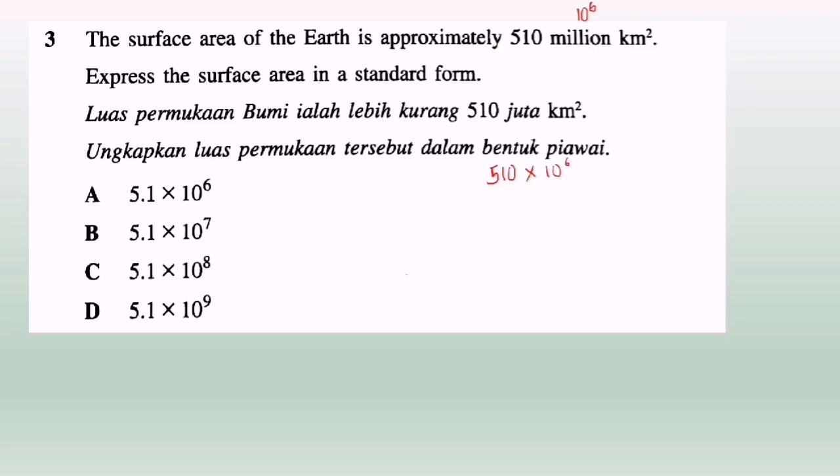Okay, so you need to express in standard form. The number at the front must be more than or equal to 1, less than 10. So I move 2 steps to the front. 5.1 times 10 power of 2 times 10 power of 6. Okay, so the answer is 5.1 times 10 power of 8.